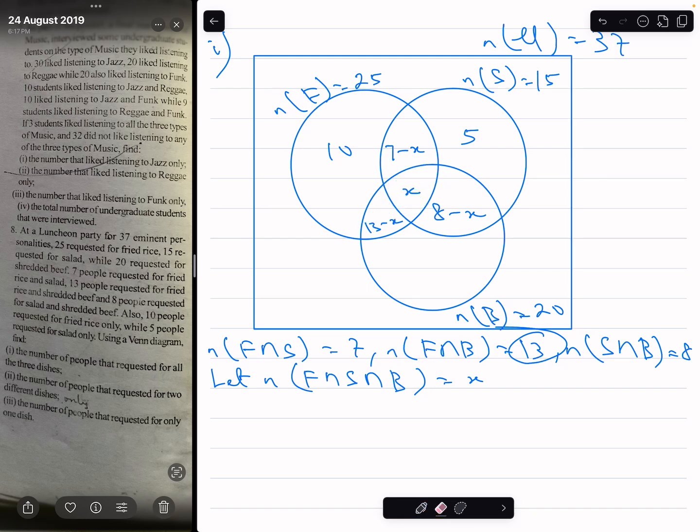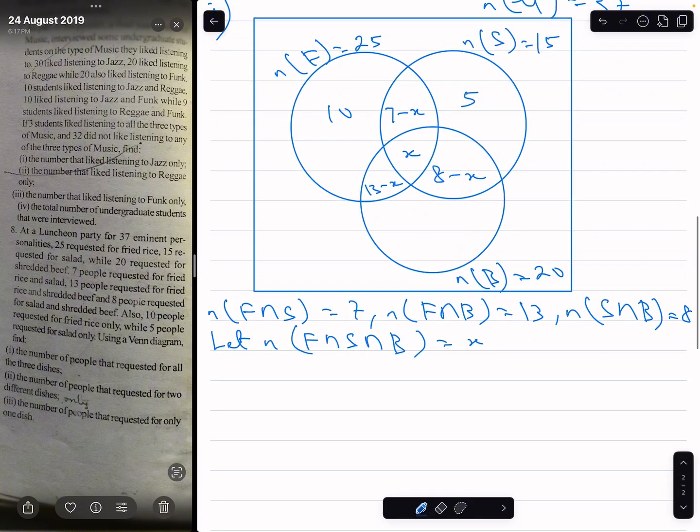So let's see what the question is now. How do we find the number that requested all the 3? How do we find X? Now let me find in this place. I know that if I add 13 minus X, X, and 8 minus X together and subtract from 20, I'm going to get those who requested only shredded beef.